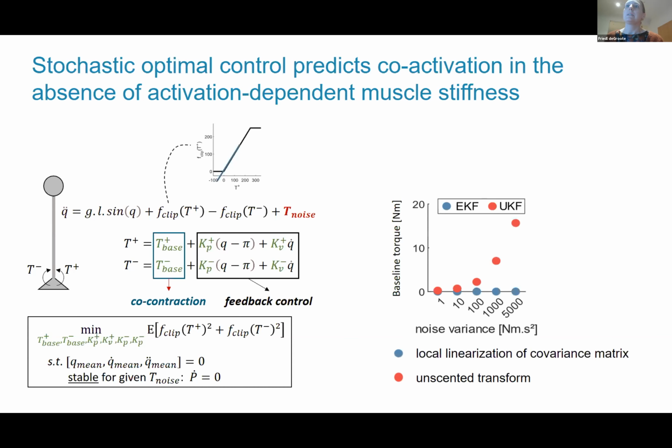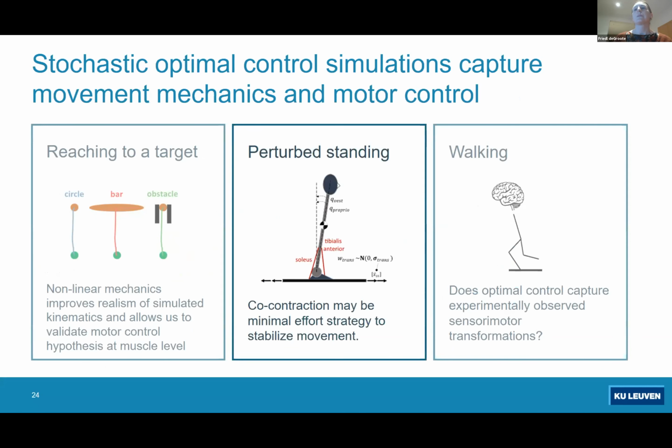In agreement with the simulations based on the Hill-type model, we did not find co-contraction when using this local linearization of the covariance matrix, as you can see in blue here, as again, the model failed to see that it needs baseline activity to be able to reduce muscle activity, but we found co-contraction when using a more accurate approximation to propagate the covariance matrix. Hence, also dual agonist-antagonist control is a minimal effort strategy for higher perturbation levels. So in conclusion, co-contraction may be a minimal effort strategy to stabilize movement.